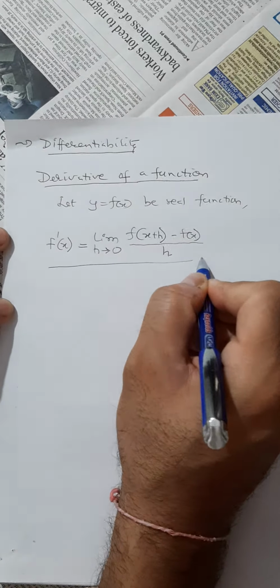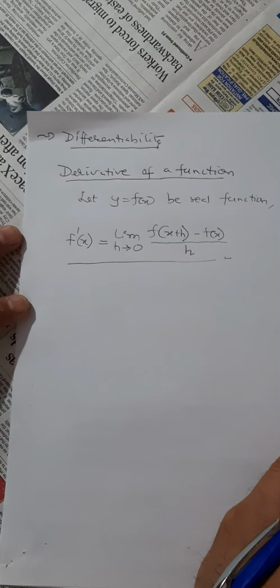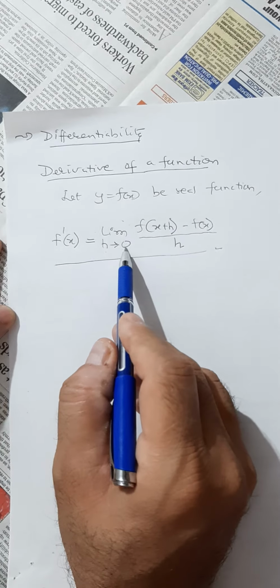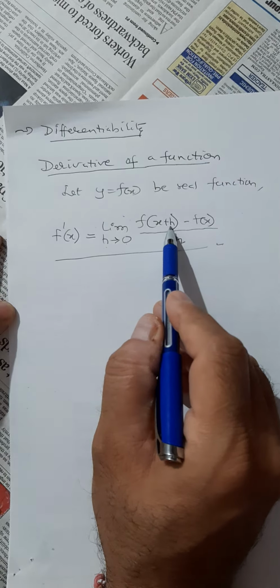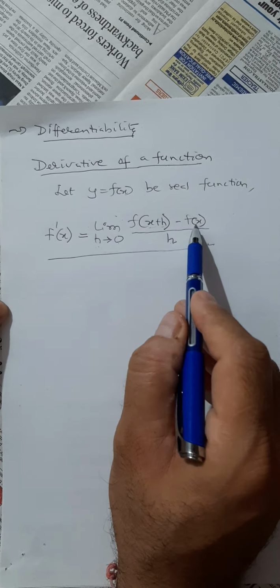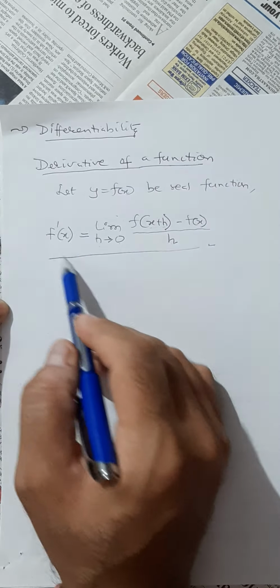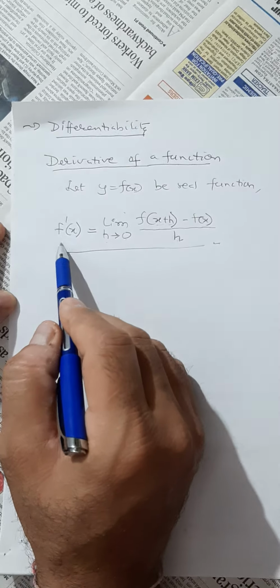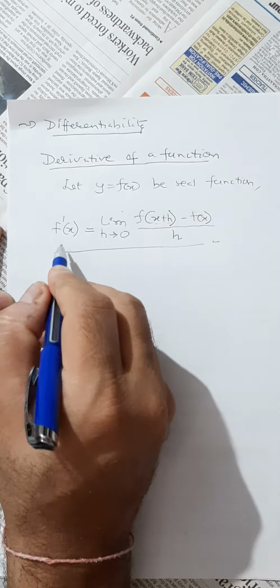So this is the definition. What is f'(x)? It is limit h tends to 0 of [f(x + h) minus f(x)] upon [(x + h) minus x]. So you will get this. This limit is called the derivative of a function, and it is denoted by this.